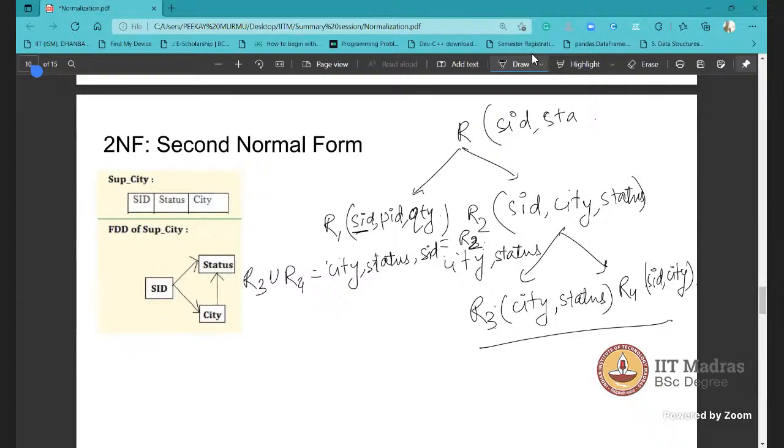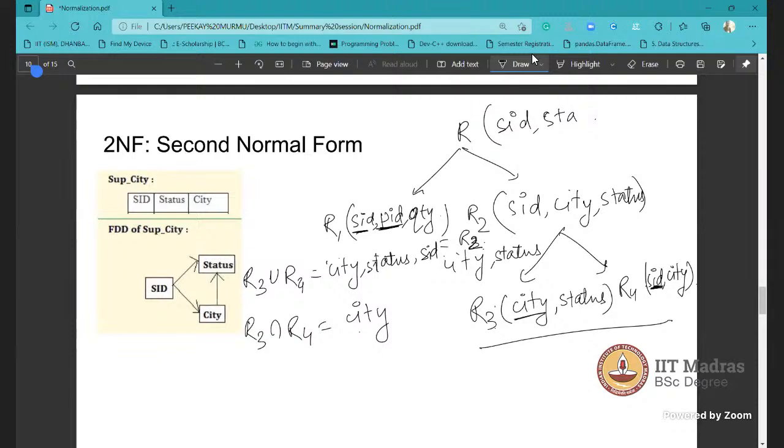And R3 intersection R4 is city. And is city a key in either R3 or R4?